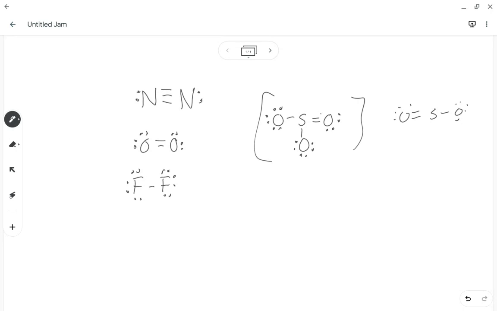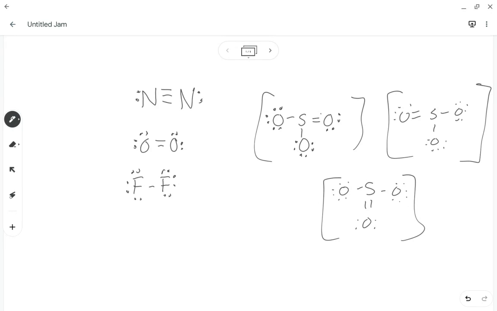The reason we have to draw these resonance structures is because it gives us a better picture of reality. We've reached a limitation of the Lewis model of covalent bonds.